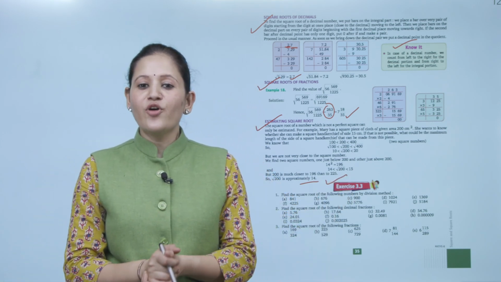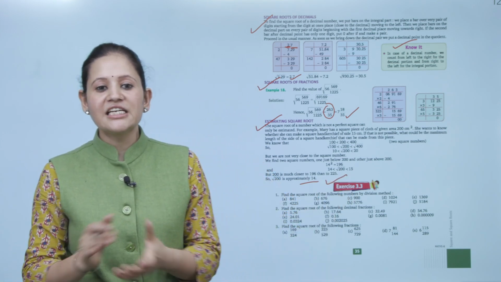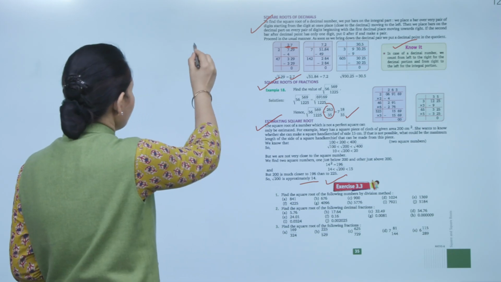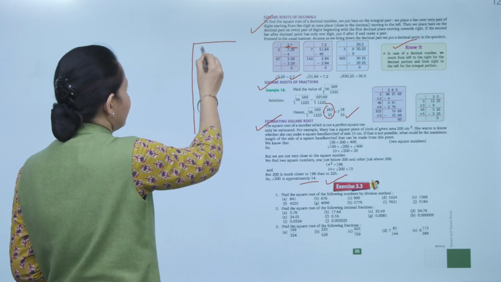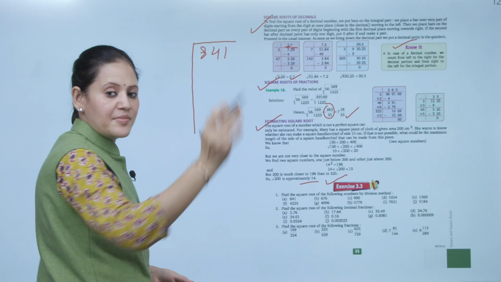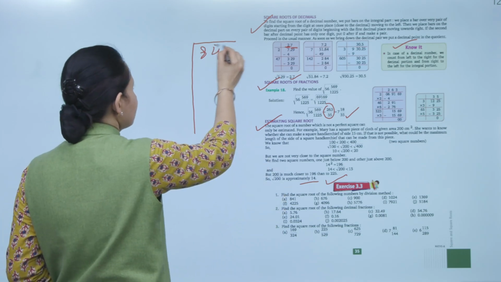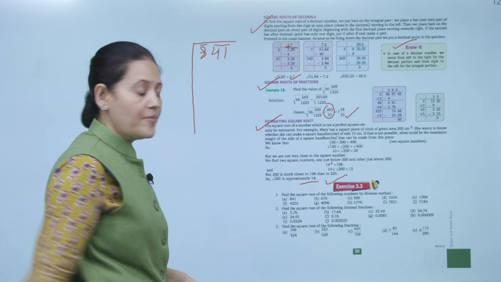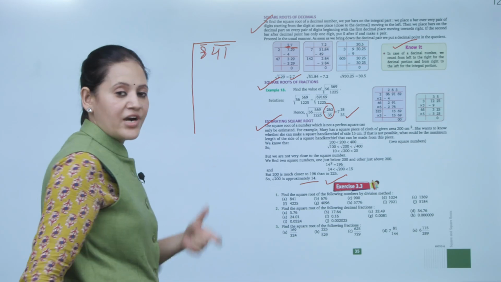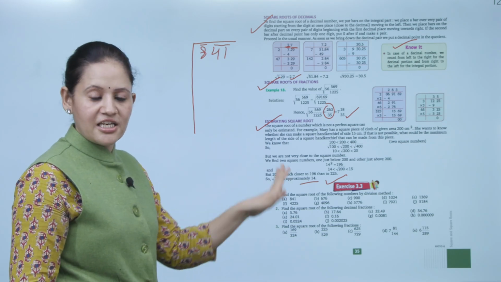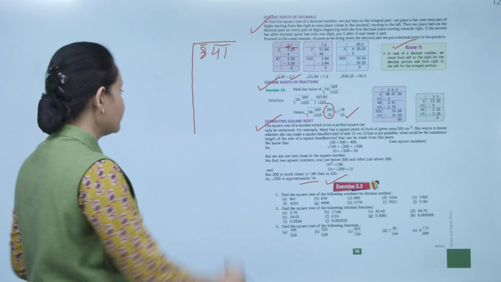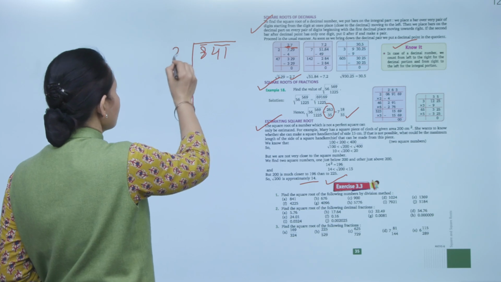Next is exercise 3.3. Find the square root of the following number by division method. 841. So we have to find the square root of 841. Start making pairs from the right hand side, first and second. Clear? Now we have to find a number whose square is either equal to 8 or just less than 8. 2.